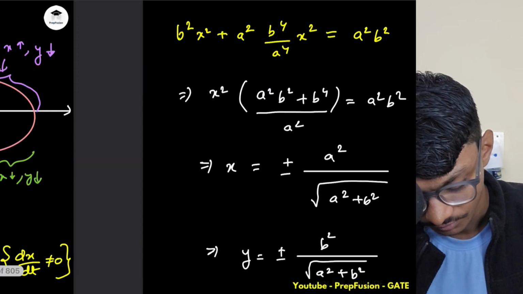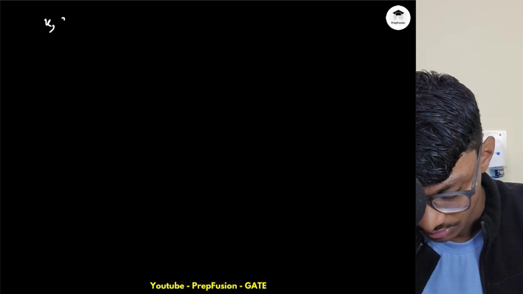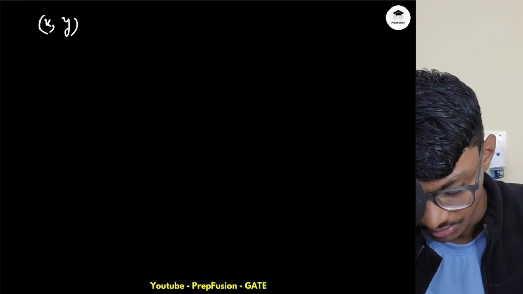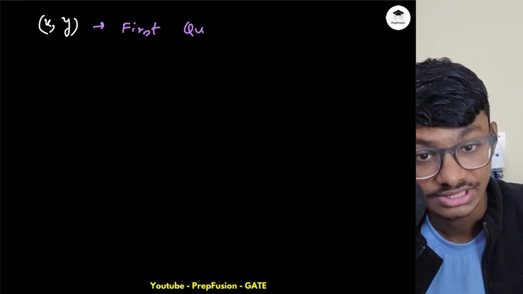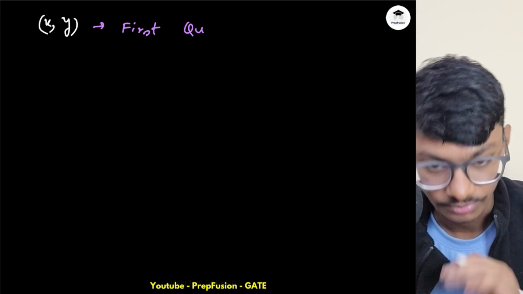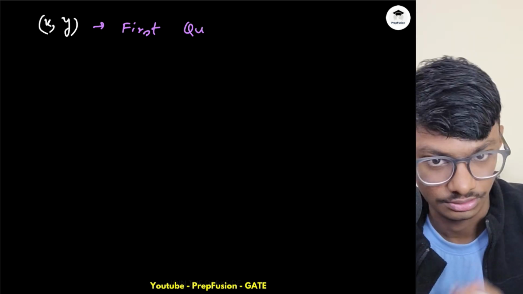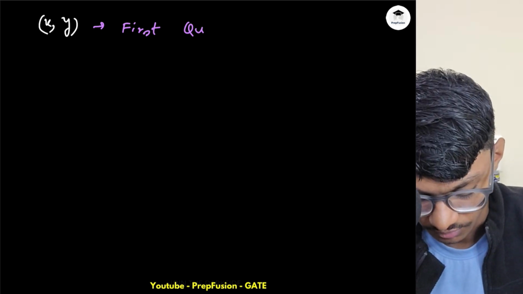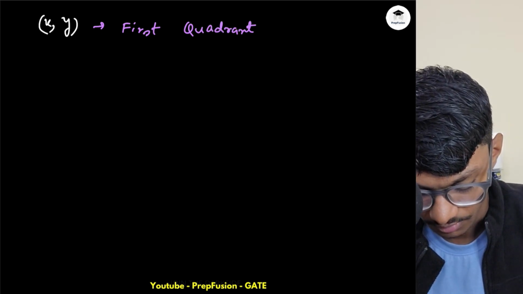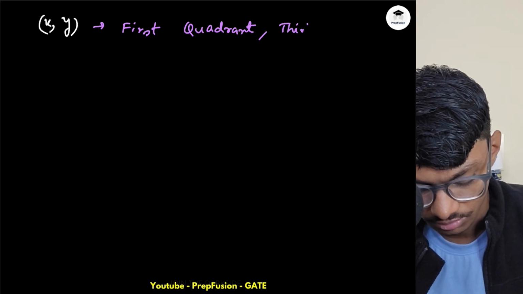So a and b can be anything, negative, positive, anything. So obviously either xy can lie in the first quadrant. Now these types of questions can come in MSQ, right? I'm just solving it in generalized form, but normally they can give you some numbers, and from there you have to solve: first quadrant or third quadrant.